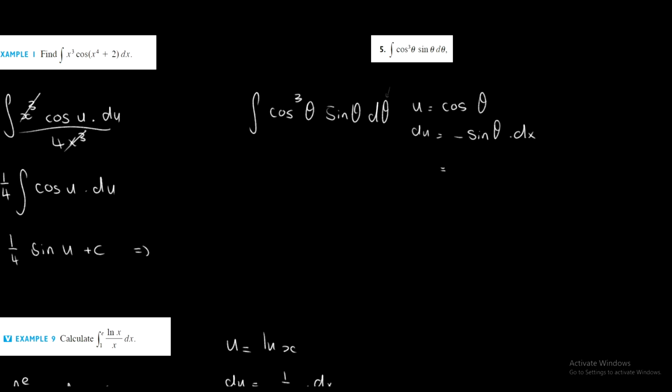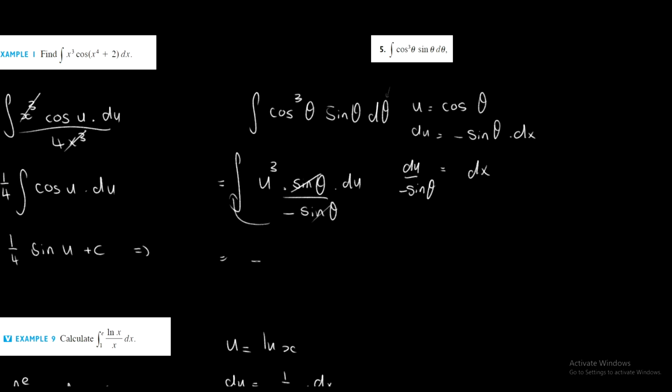So in this case, I can just swap them around, bring this one down because we always want to isolate d theta. Okay, now bring back what we know. So that's going to be u cubed times sine theta times du over negative sine theta. Those two cancel out. I'll bring the negative symbol out here.